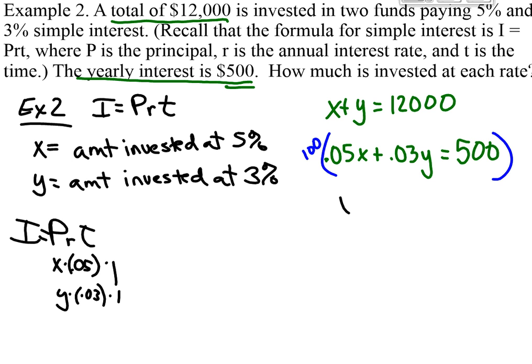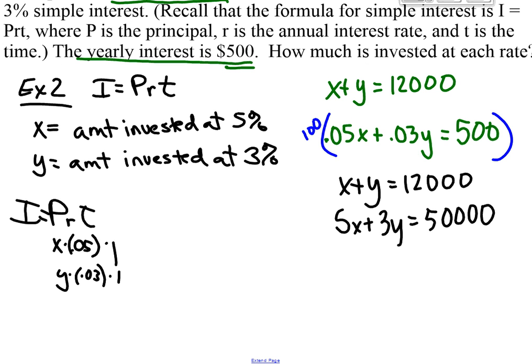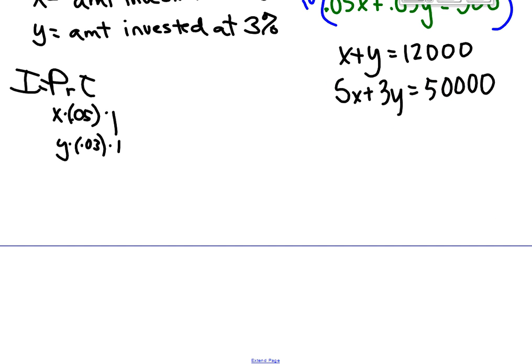And then my equations are X plus Y equals 12,000 and 5x plus 3y equals 50,000. You do not have to do that, but that's a strategy for me when I don't have a calculator.